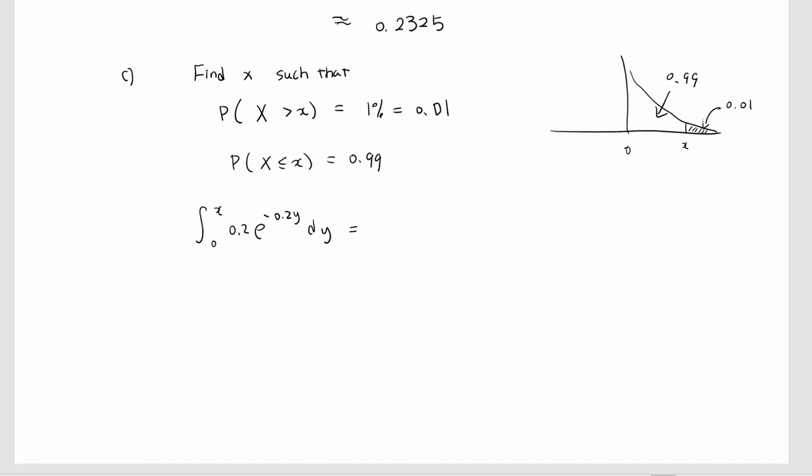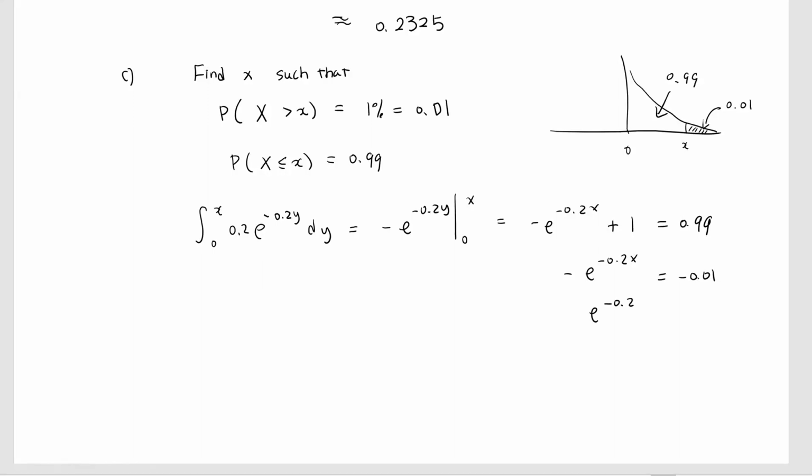We integrate and get negative e to the negative 0.2y, and then we evaluate from 0 to x. We plug in x first, then we plug in 0. When we plug in 0, minus becomes plus 1. So that equals 0.99. Negative e to the minus 0.2x equals 0.99 minus 1, which is negative 0.01.